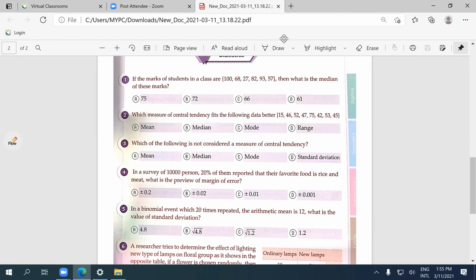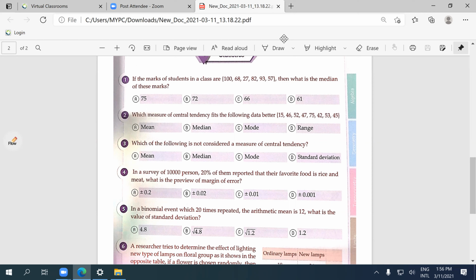After arranging, we find the median is two numbers, 27, 82, and 68. So 68 plus 82 divided by 2, which gives 150 divided by 2, equal to 75. So the answer of the first problem is A, 75.